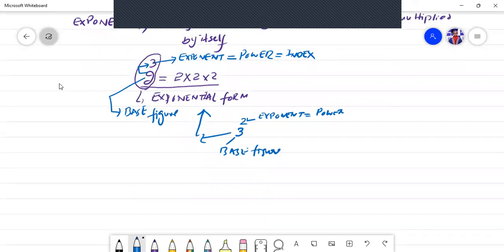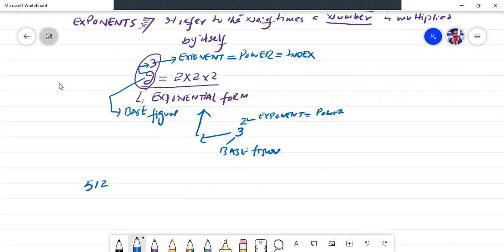If I write 512, how would you write the exponential form of this number 512? Let me write the question here.